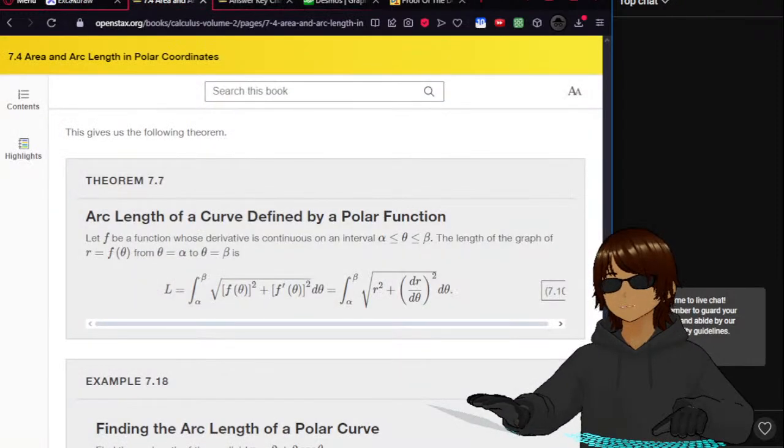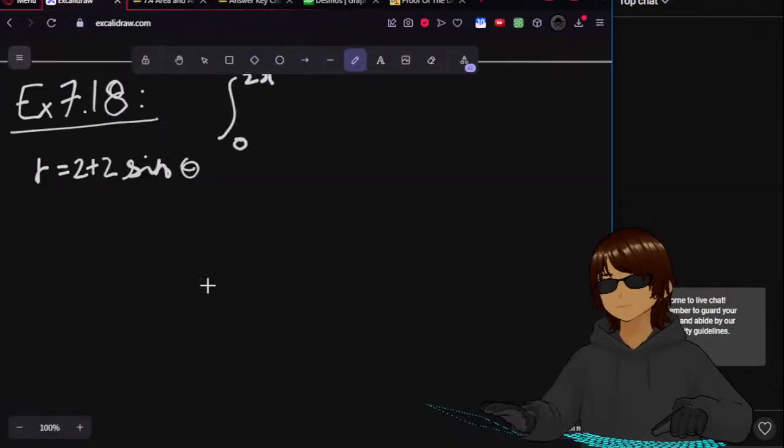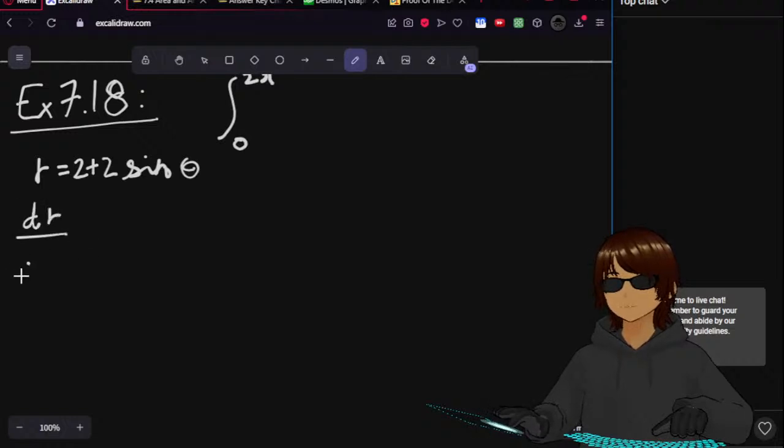Anyways, I got distracted. R squared, derivative of sine theta is cos theta.